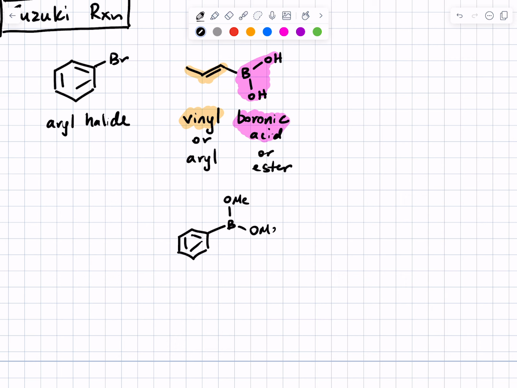So if we replace the OH groups on boron with some alcohol groups, that becomes an aryl boronic ester. Okay, so just a little bit, I can't imagine that coming up. I'm just trying to describe the various substrates that work in the Suzuki reaction, and as I talk about these reactions in class, I may use these terms.